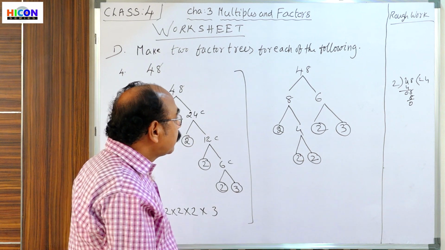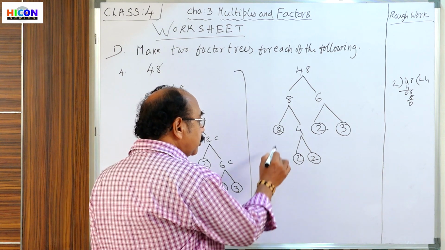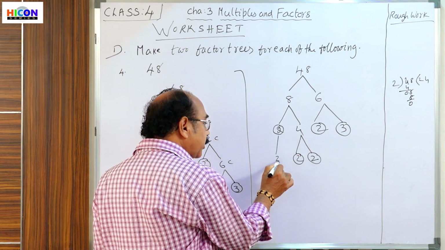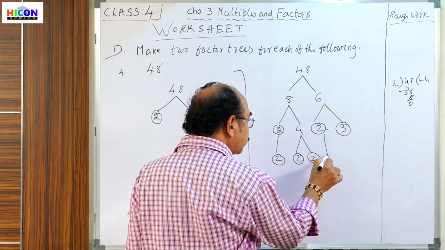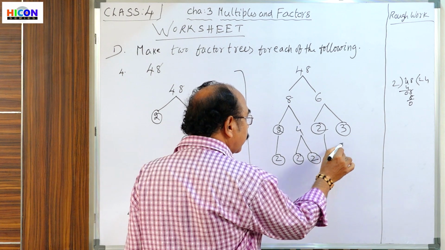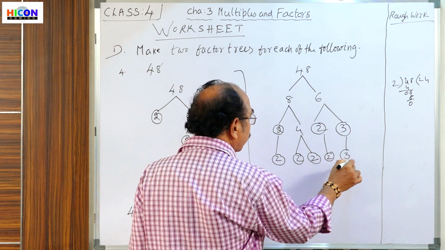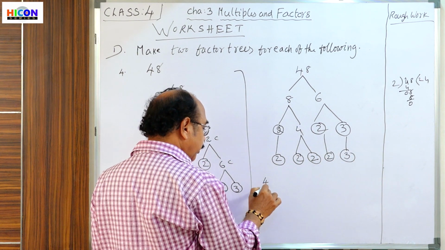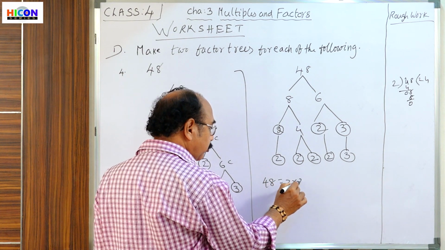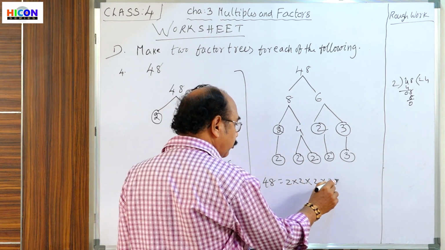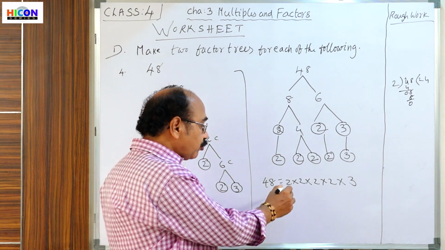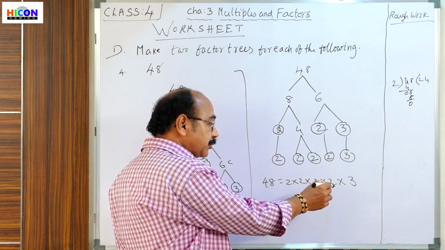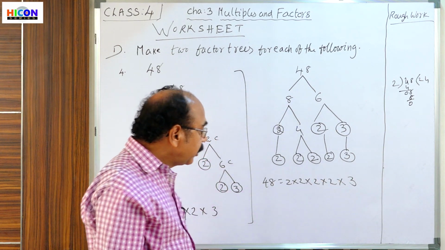Okay, children. This 2 as it is you can copy here, and these 2s also you can write as they are. Copy this 3 as it is. Therefore, 48 is equal to 2 into 2 into 2 into 2 into 3. 2 2s are 4, 4 2s are 8, 8 2s are 16, 16 3s are 48.